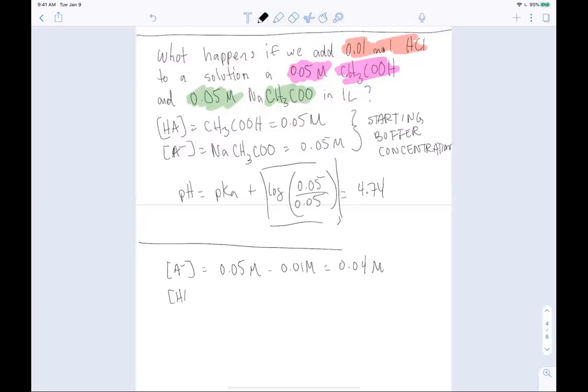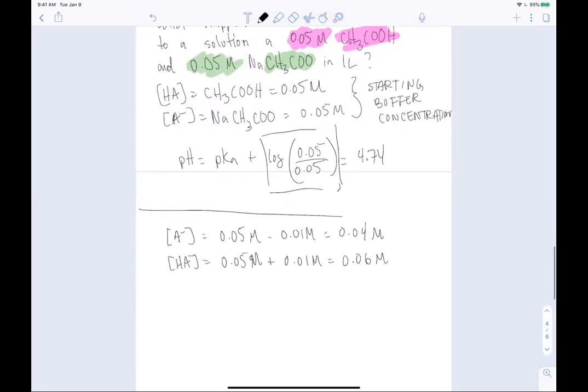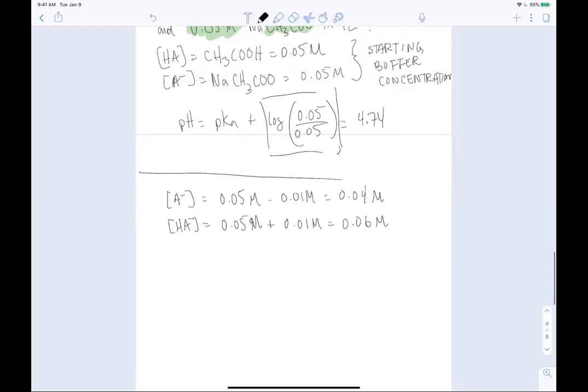Any A minus that I lose is going to be picked up by the acid, so the HA concentration goes from 0.05 molar plus 0.01 molar. That's now 0.06 molar. That takes care of the neutralization reaction.